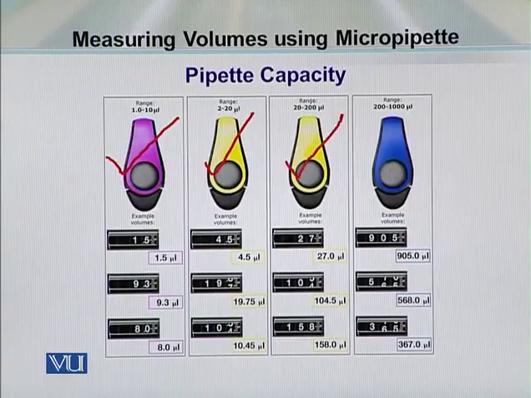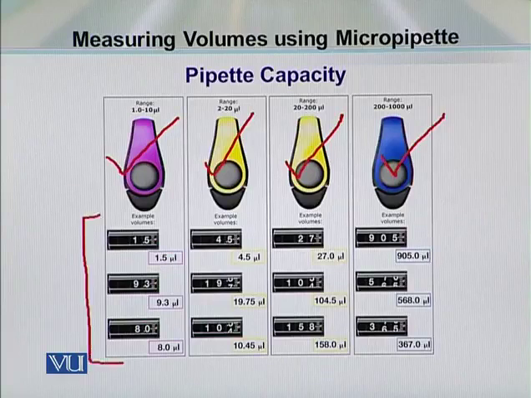Then P200 and P1000. When we look at its volume reading scale, we can adjust the volume and we can interpret from these numbers what actual volume this micropipette is going to measure.